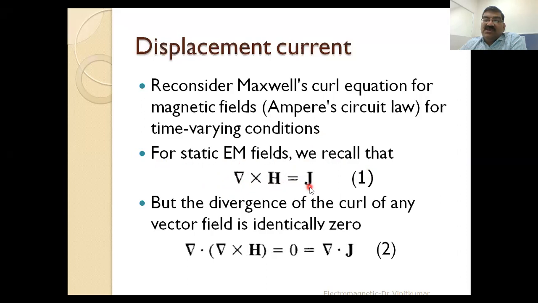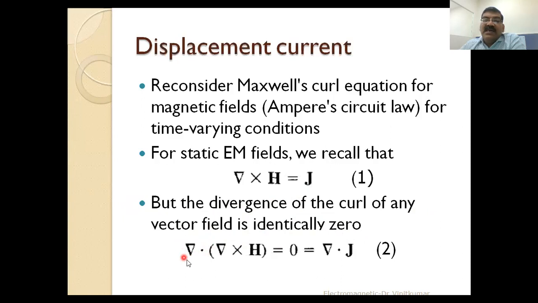Del cross H equals J, where H is the magnetic field strength, so the curl of H equals J. But the divergence of the curl of any vector field is identically zero. This is a simple mathematical rule. That is, the divergence of the curl of any vector field is identically zero.